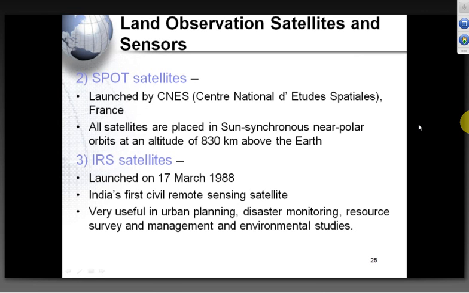Third one is the IRS satellite. It was India's first civil remote sensing satellite and was launched on 17th March 1988. The motive is certainly to detect the changes over Earth's surface.